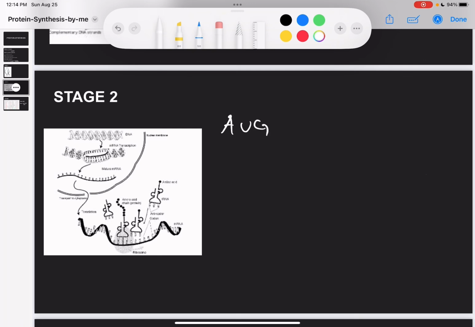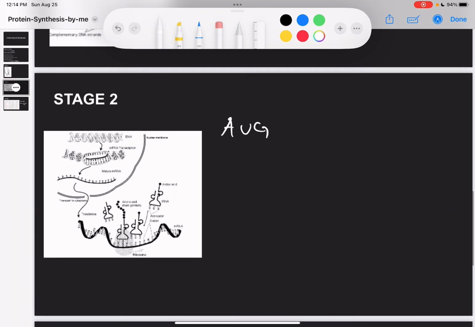Once it reads AUG, this signals tRNA to bring the anticodon sequence that carries the amino acid specific to that sequence from your food, and then it will continue building, making a polymer, a chain of amino acids until it reads a stop codon.